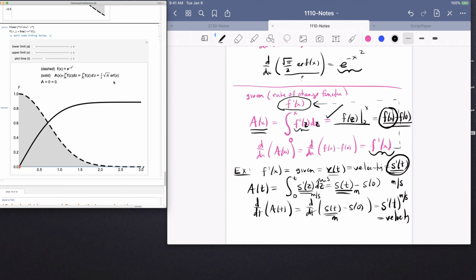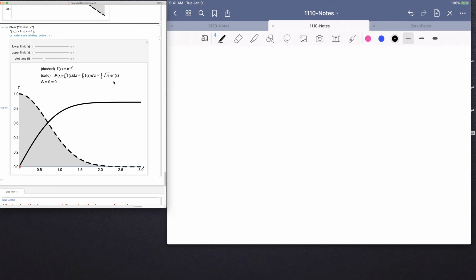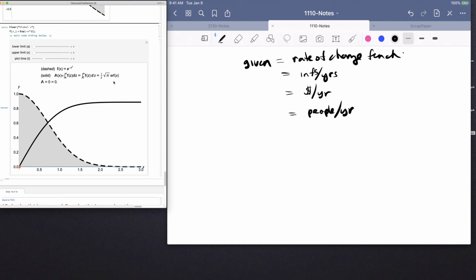Okay? So this is a very important point here, that you're not always given a function that is just devoid of any meaning. Sometimes you're given a function that is a rate of change function. And that rate of change function might be something like infections per year, or it might be the amount of dollars made per year, or it might be the change in number of people per year, so it may be a birth rate.